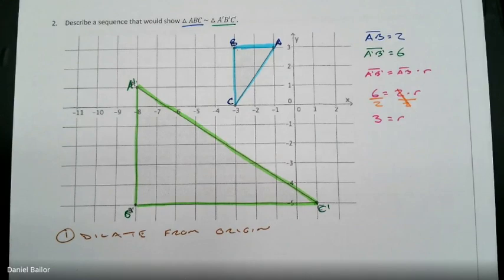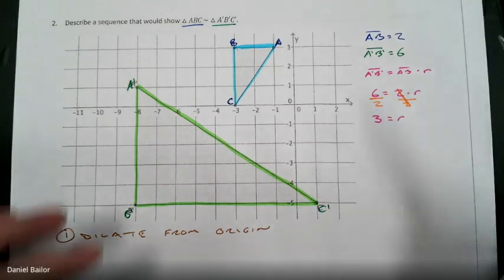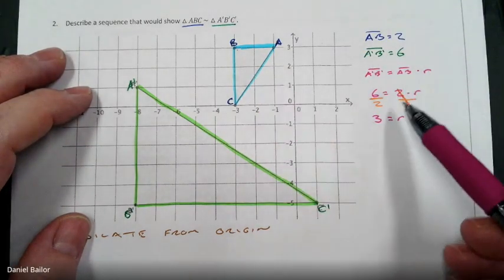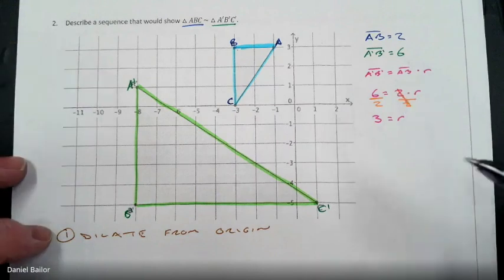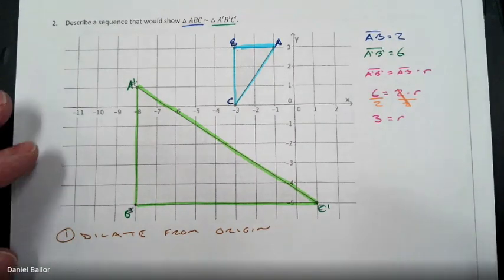So let's use the scale factor to figure out where our new triangle is going to go. So what we're going to do, how will we make this match? So let's remember, first step, dilation, make the size match first.